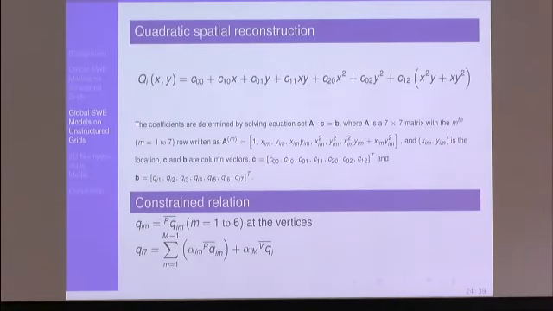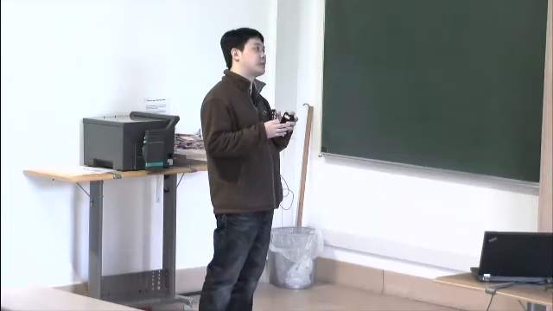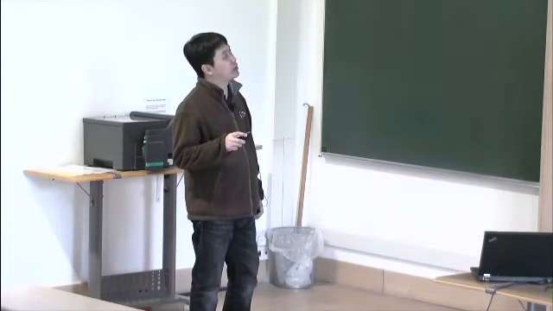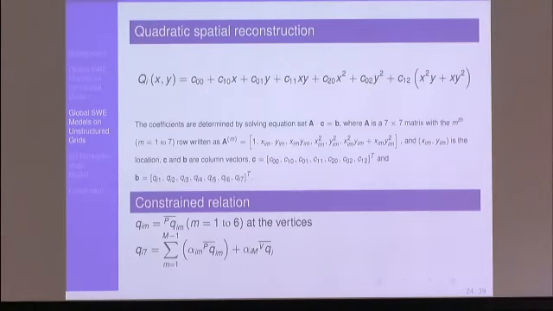A local quadratic spatial reconstruction can be obtained by using the information provided within just a single cell. You can see a quadratic spatial reconstruction with 7 coefficients, determined by solving this equation set and by the 7 DOFs.